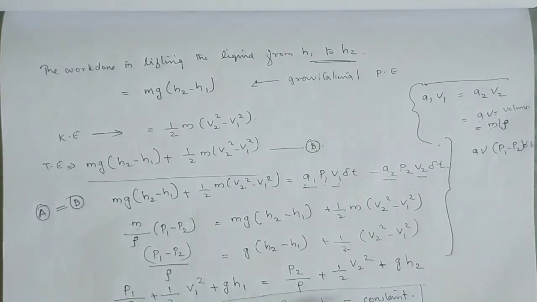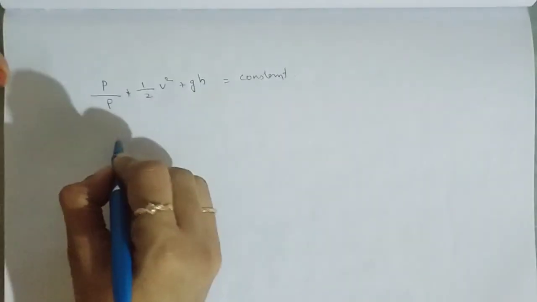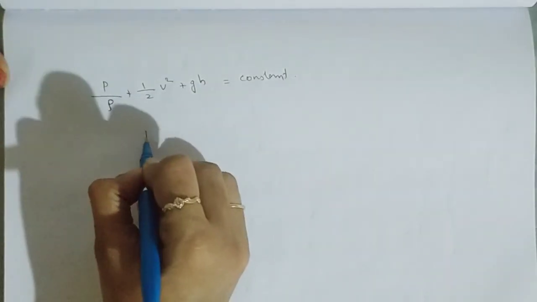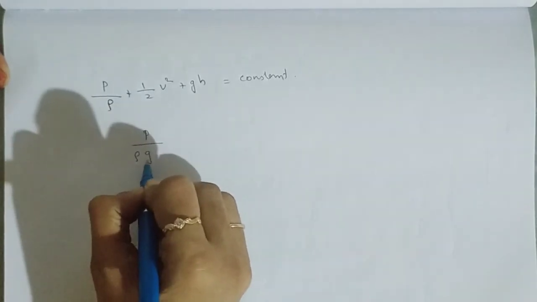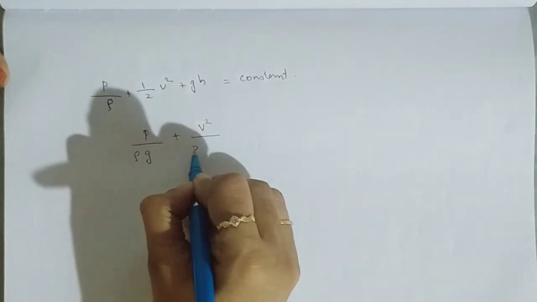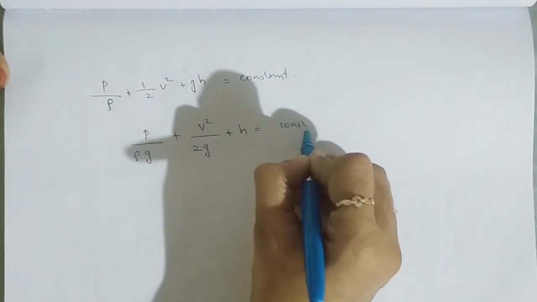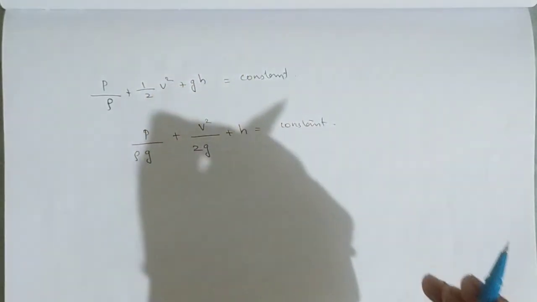Okay, let us write this equation once more. P by rho plus half v² plus GH is a constant. Let us divide this equation by G: P by rho G plus v² divided by 2G plus H is a constant.